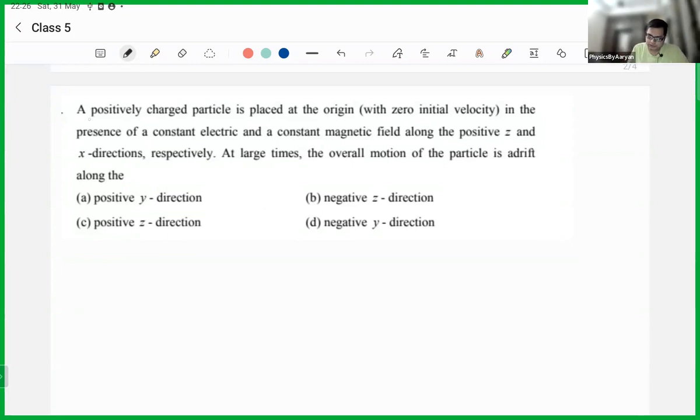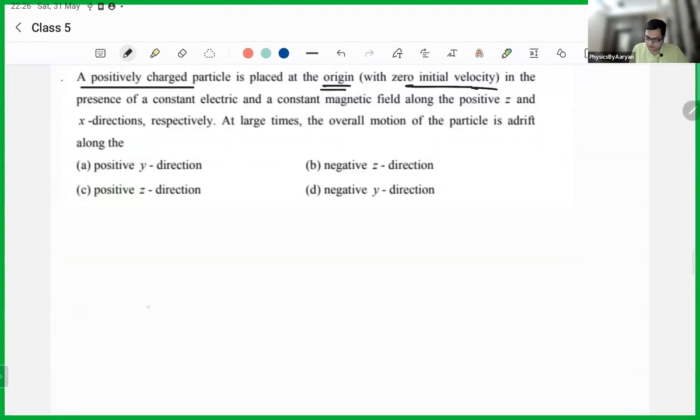So the question is, a positively charged particle is placed at the origin with zero initial velocity. Okay, so it is placed at the origin and it has no initial velocity. In the presence of constant electric field and constant magnetic field along positive z and positive x direction.